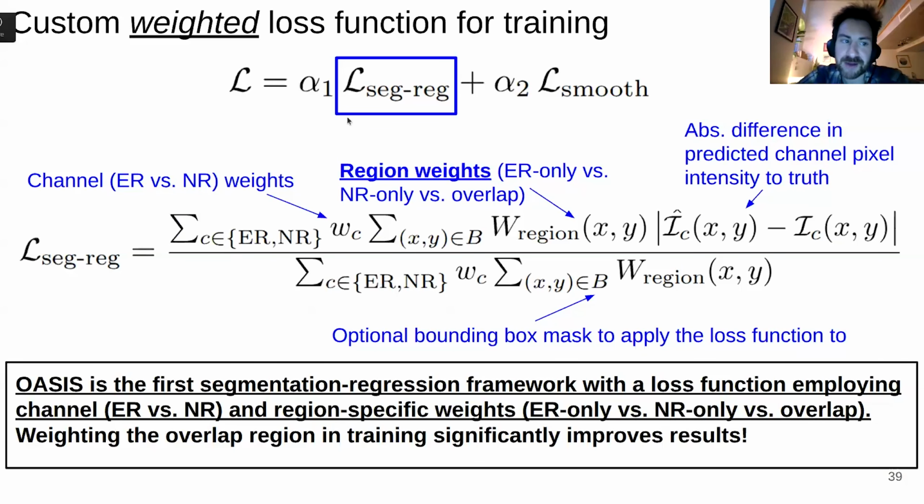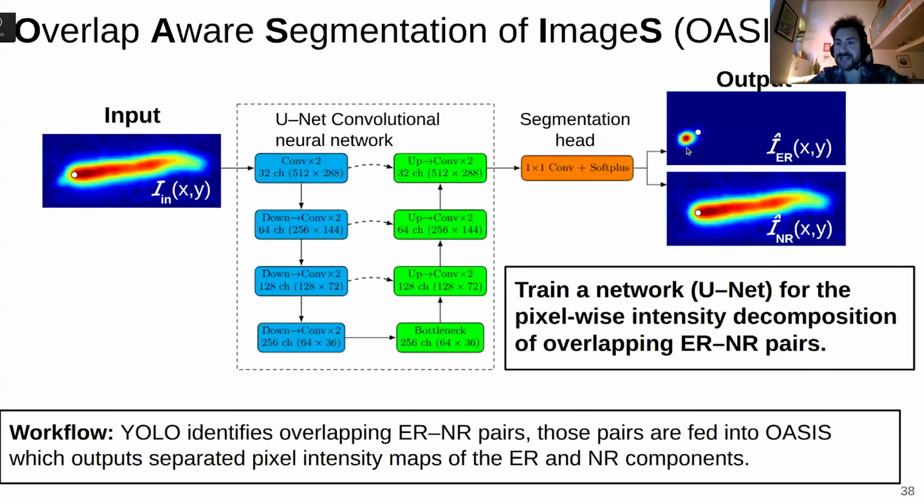What is unique about our approach is the loss function that we use. For segmentation regression, what you're ultimately doing is training a neural network so that, for each of the channels output by the network, each individual pixel's absolute intensity difference between your prediction and the true version of both the electron recoil and nuclear recoil channel is zero.